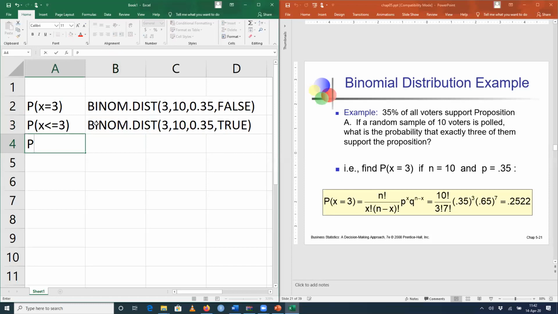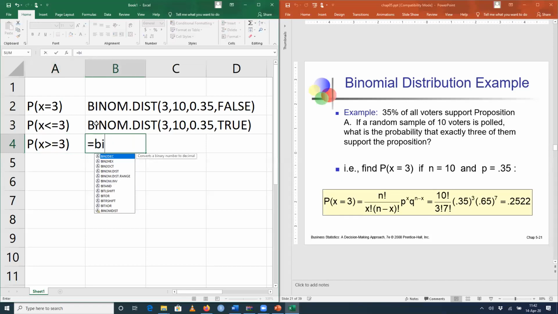Now the probability of x greater than or equal to 3 is another way. How can we perform this probability? Just type equal BINOM.DIST 3.